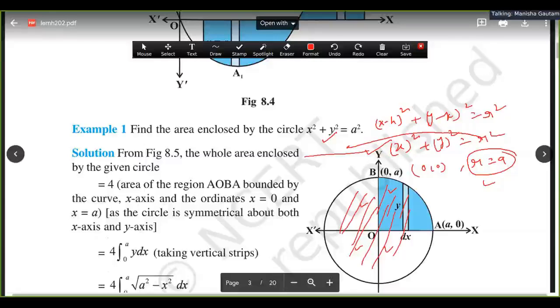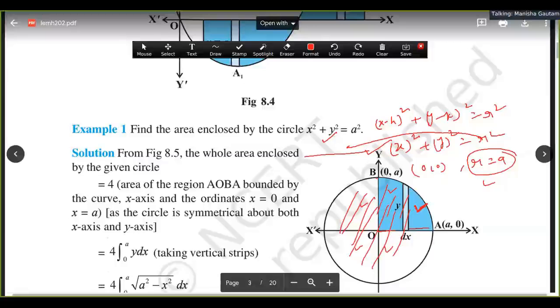So you have to calculate only one area, multiply that area by 4, and you get the area of the circle. Now for the first part, you have to take this one rectangular strip, y into dx, integration from here to this part.